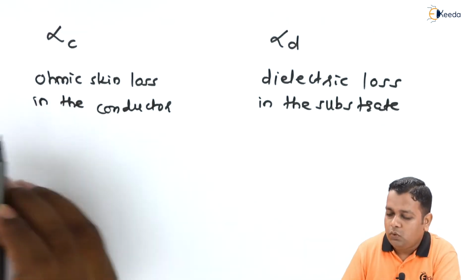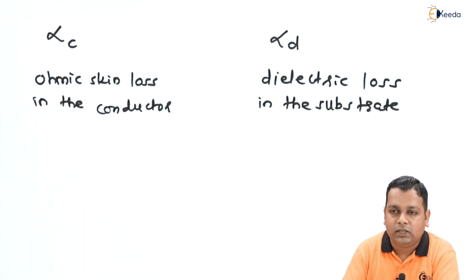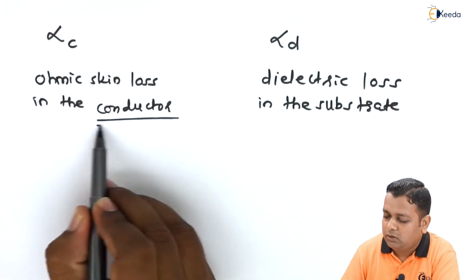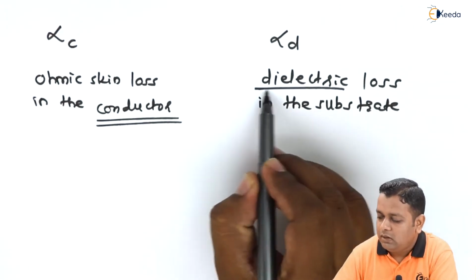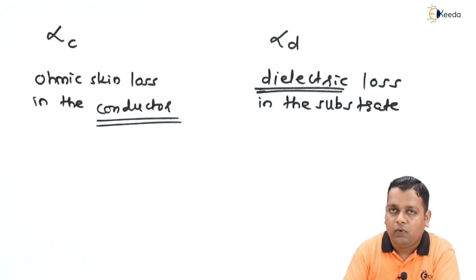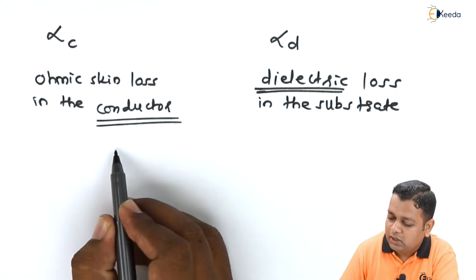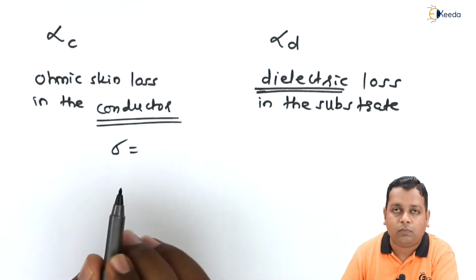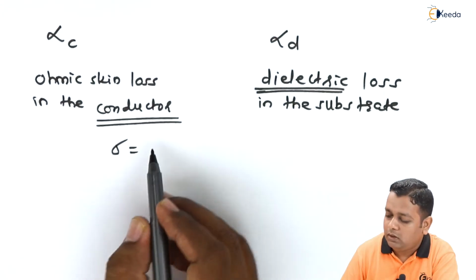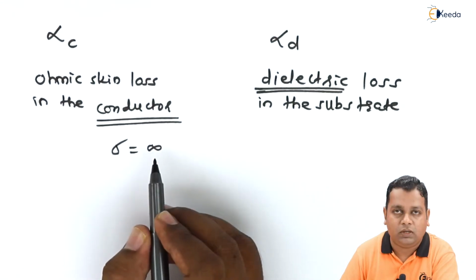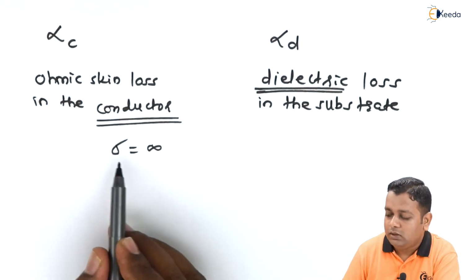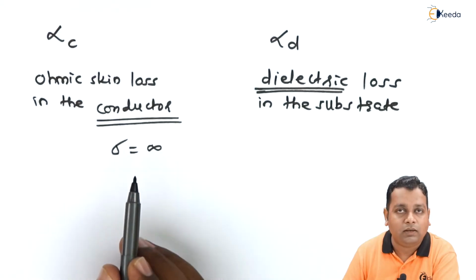So what about the ohmic skin loss? This is because of the imperfectness of the conductive material as well as the dielectric material. When we talk about the conductor material, it is characterized by the conductivity value. An ideal, perfect conductor should have conductivity equal to infinity. But practically no material holds the value infinity; it has some finite value.